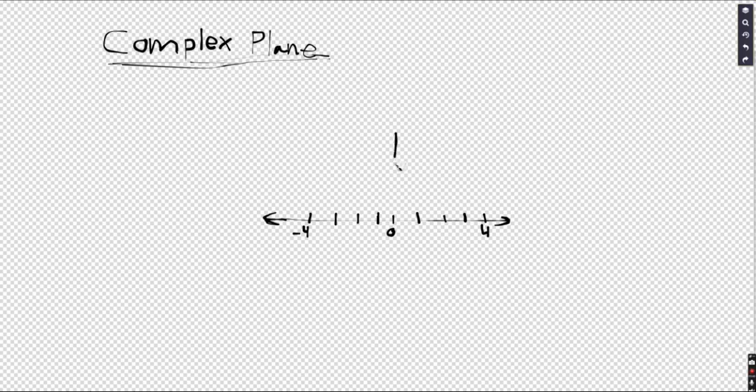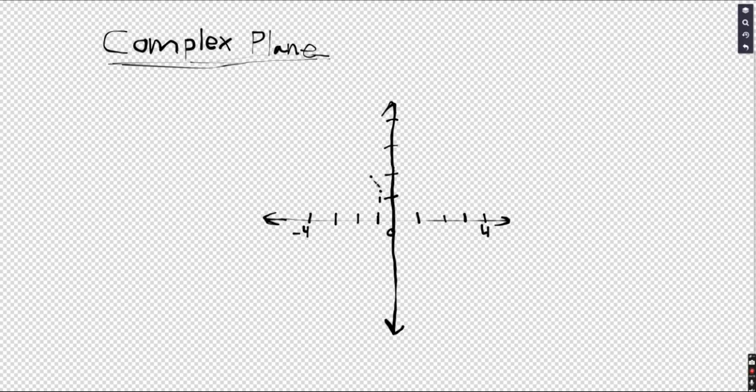To solve this, people started drawing a vertical axis, or number line, perpendicular to the real number line and going through 0. This is called the imaginary number line. Every unit is measured with i.